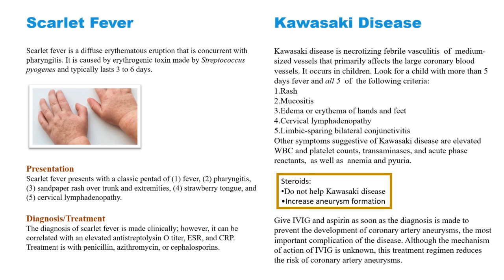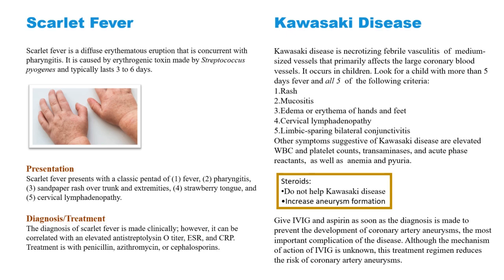On the right side of this slide, let's discuss Kawasaki disease. Kawasaki disease is a necrotizing febrile vasculitis of medium-sized vessels, which primarily affects the large coronary blood vessels. It occurs in children.